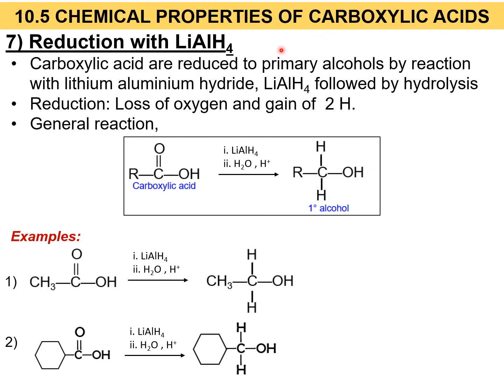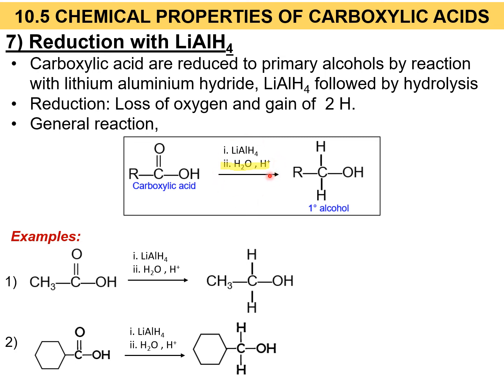Okay, next, carboxylic acid dia boleh buat reduction reaction with reducing agents LiAlH4 followed by hydrolysis. You kena ingat ya, hydrolysis H2O/H+. Okay, kalau followed by kena ada satu step 1, step 2 macam ni. And then kena tulis atas arrow lah kalau ikutkan standardization yang terbaru.